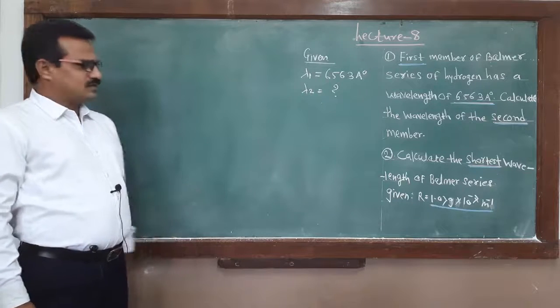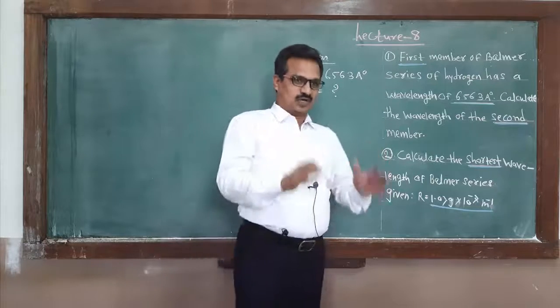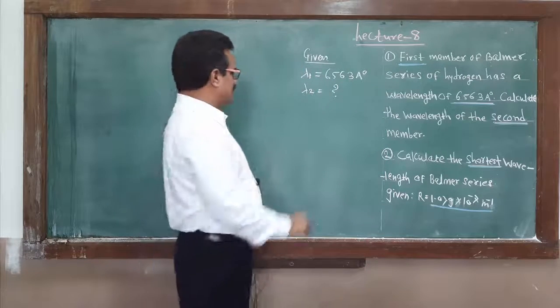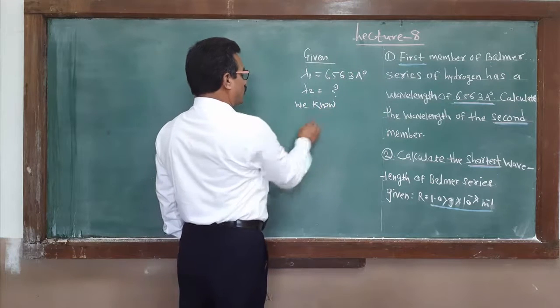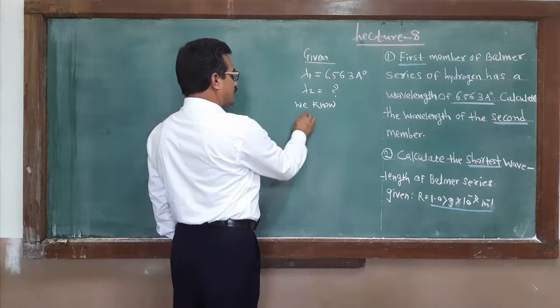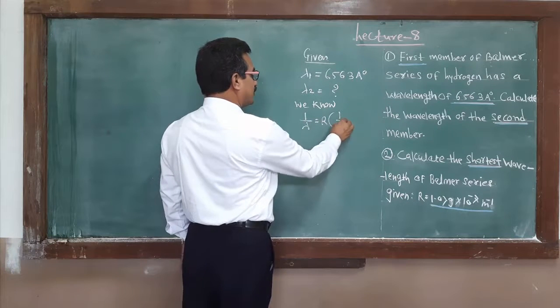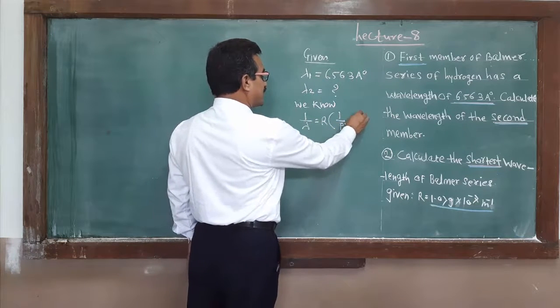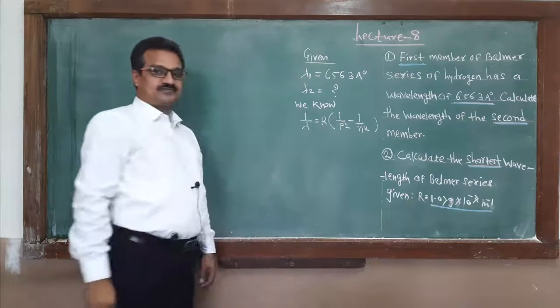We know the Bohr formula: 1 upon lambda is equal to R in bracket 1 upon P square minus 1 upon N square. This is Bohr formula.